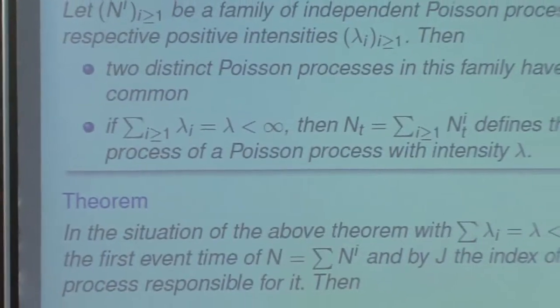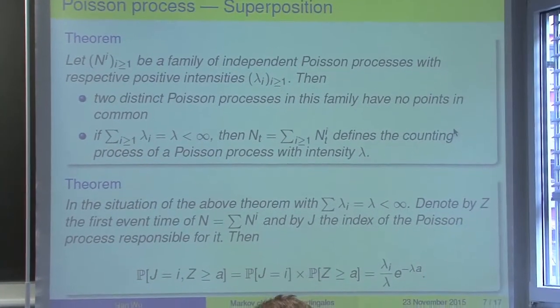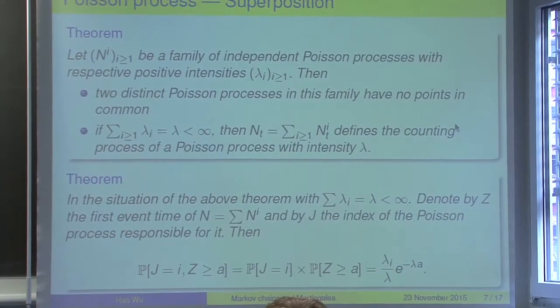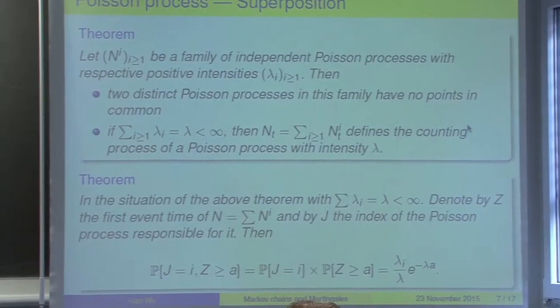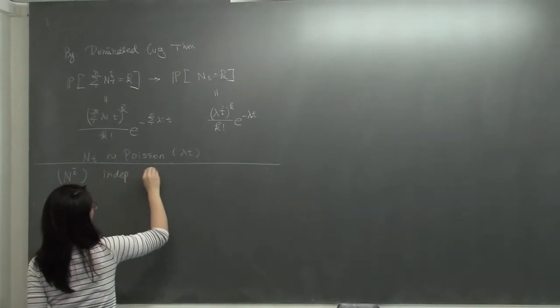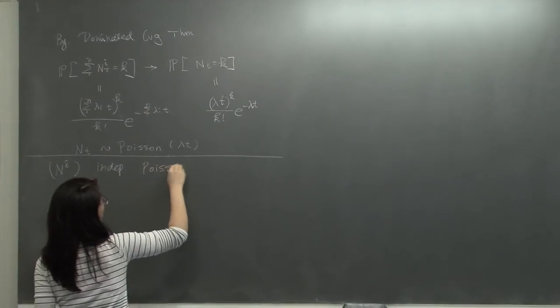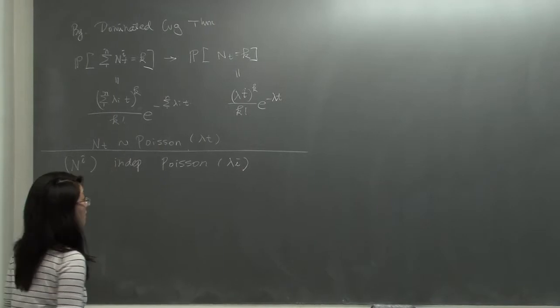And the next property is also about this superposition. So now, assume the same notation as in the first theorem. We assume that these N^i are independent Poisson processes, and each one has intensity lambda_i.